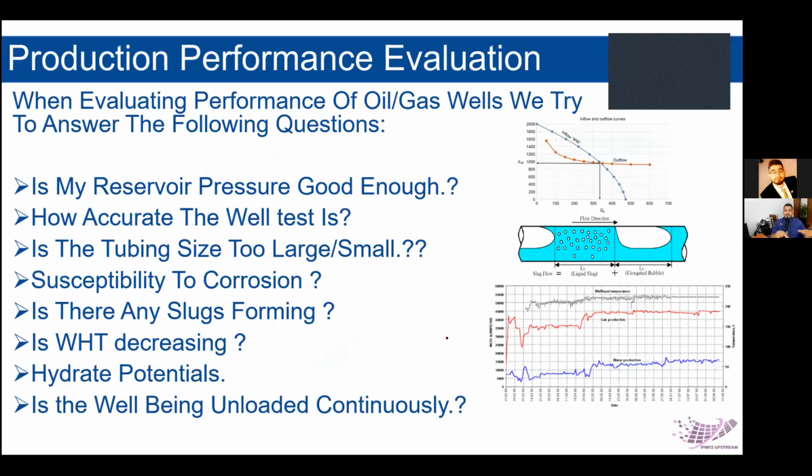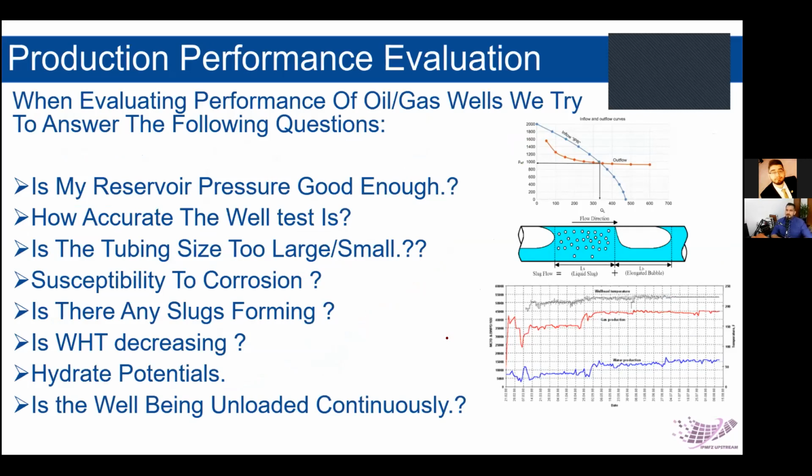So once you do your production modeling, you will start to generate some data. And how do you know if your data is efficient and your result is good? Actually, you need to ask yourself some questions. Is your pressure accurate?